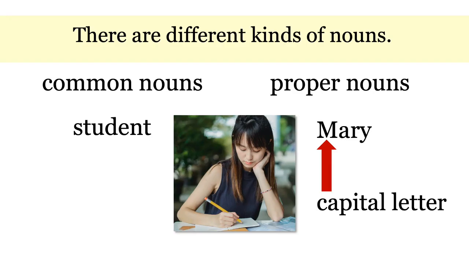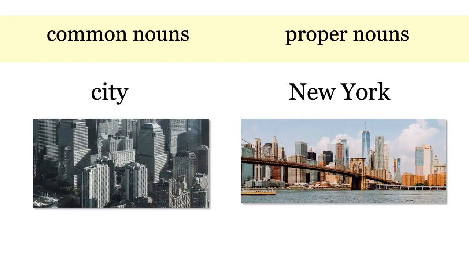Let's look at some more examples of proper nouns. City is a common noun, but New York is a proper noun because it is the name of a city. Notice the capital letters.